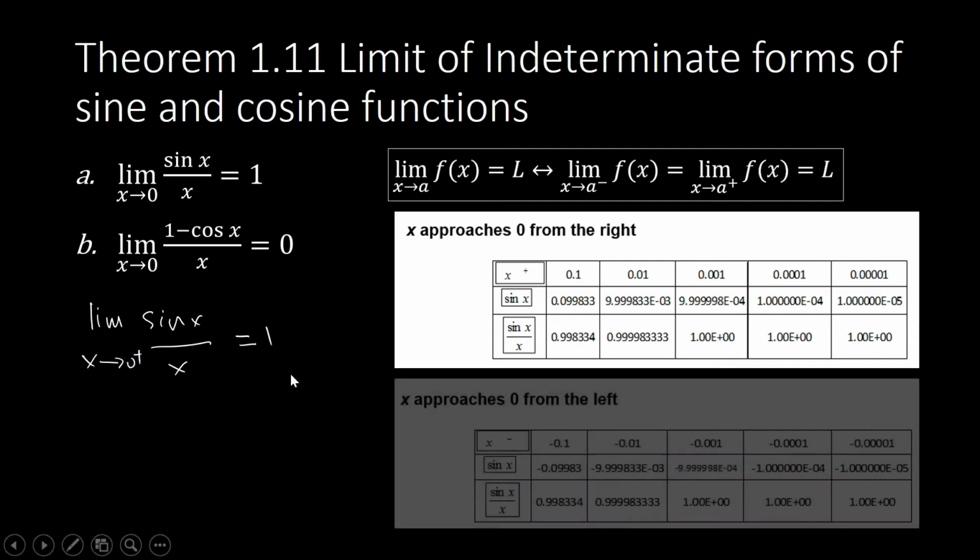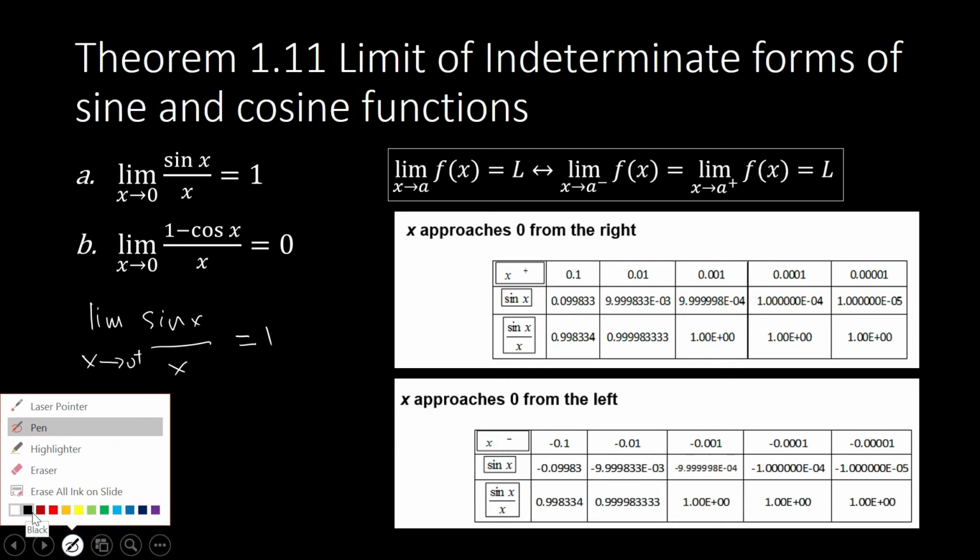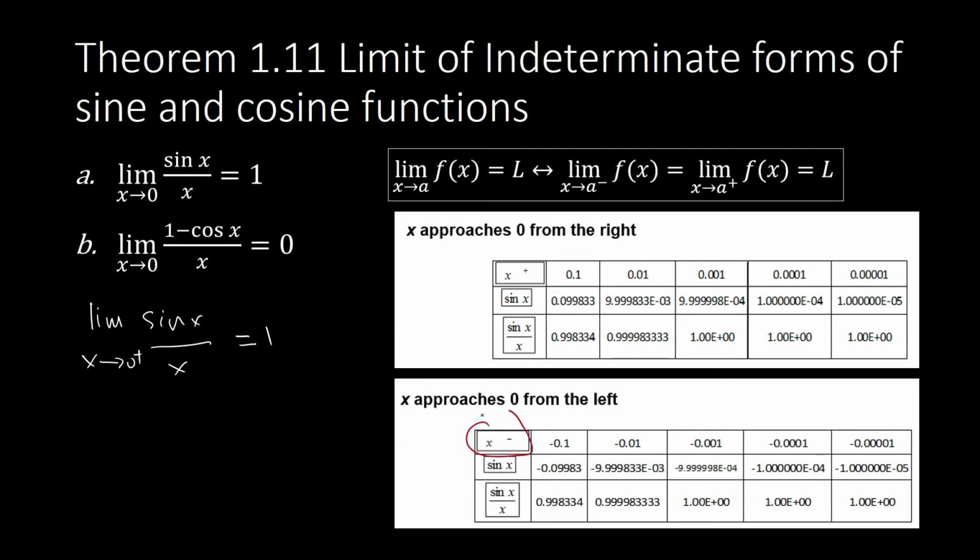How about when x approaches 0 from the left? From the left of 0, we have negative real numbers. We can begin with negative 0.1, then negative 0.01, as we get closer to 0 from the left. This is the value of sine of x, and this is the value of sine of x divided by x.